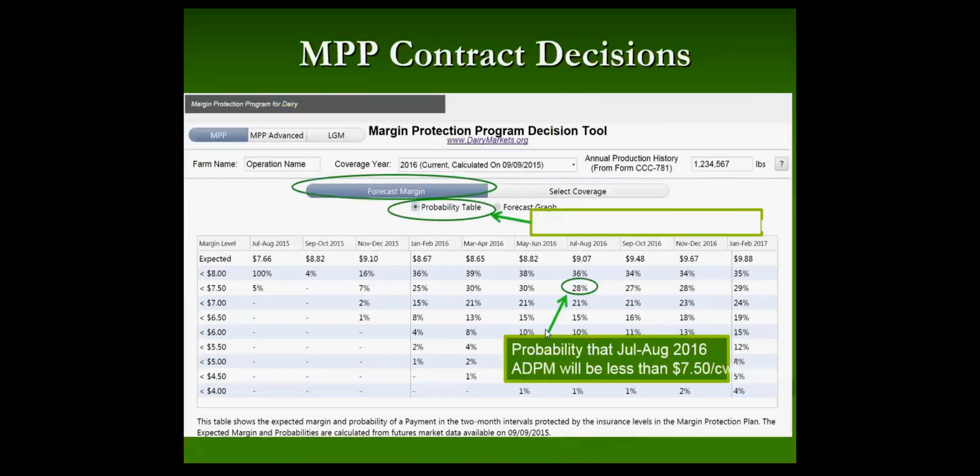Here are the results of looking at the program. And the way to read this, if you look forward now, again, this was done on 9/9, so it's going to be a little bit different today.